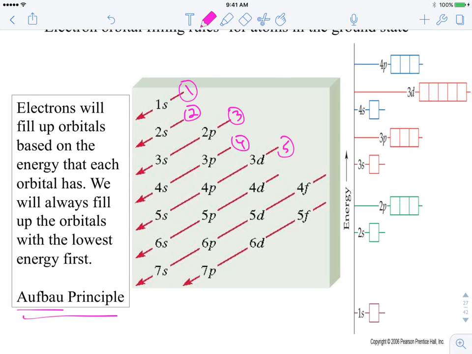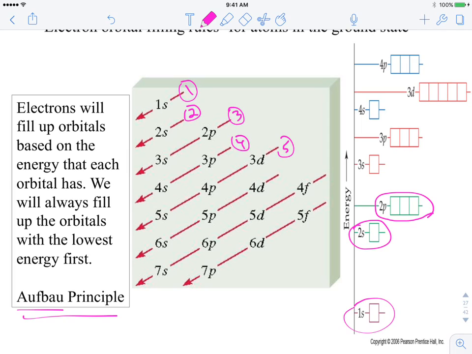The lowest energy orbital is the 1s orbital. The next higher energy level is 2 and the sublevel s, so the 2s orbital. The next sublevel within 2 is 2p, and that contains 3 orbitals.